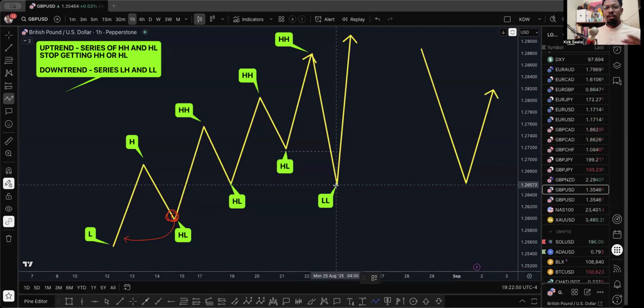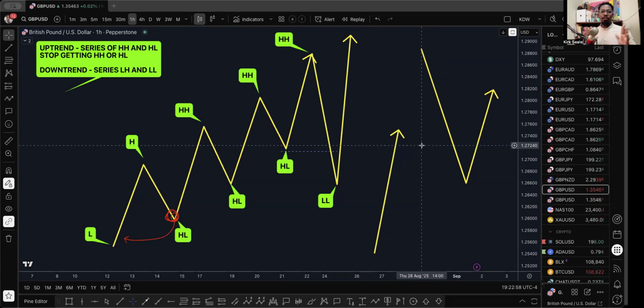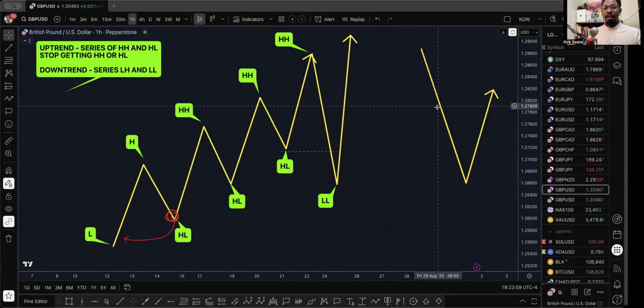Because if it starts at a low and creates a high, we are just here, right? We don't have a pattern telling us that we are buying as yet, and we don't have a pattern telling us that we're selling as yet. All right. So that means that we don't have enough information. We gotta wait. We gotta sit on our hands.